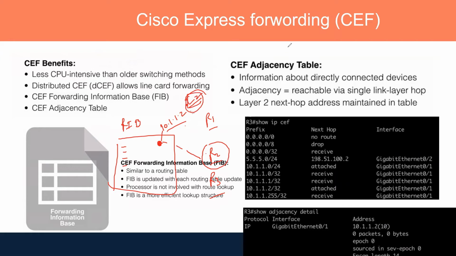But what if you have FIB? In FIB, whatever next hops there are, all the next hop information would be here, that this next hop is connected to X interface, Y interface, or Z interface. Let's say this is the destination 10.0.0.0, and this is F0/0. So FIB is going to maintain this table, the forwarding information base table.